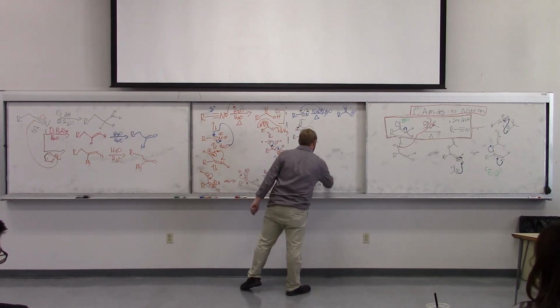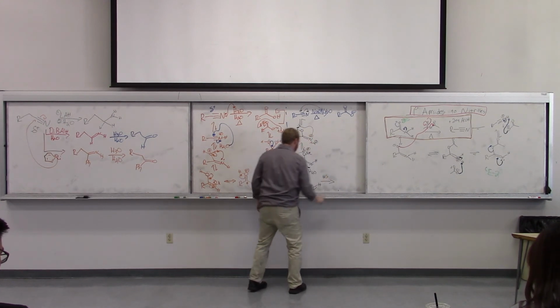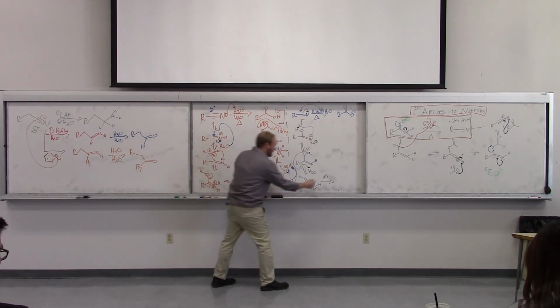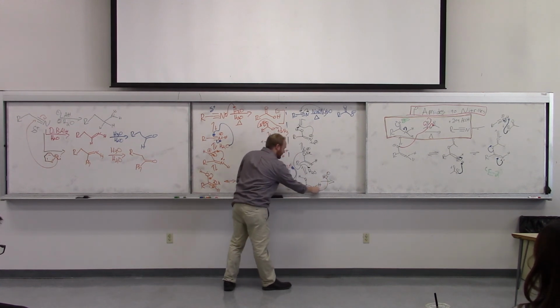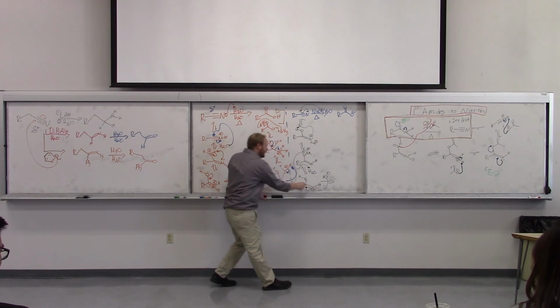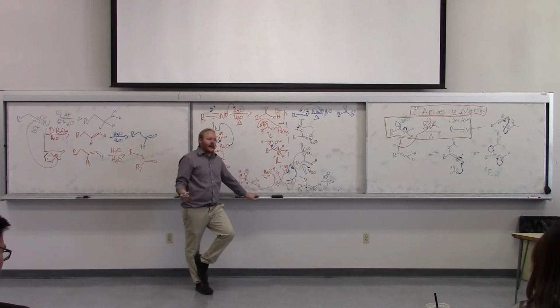Now again, we're in water and heat. So hydroxide can now add into the double bond. And in this case, you can draw either tautomer. And you know what?